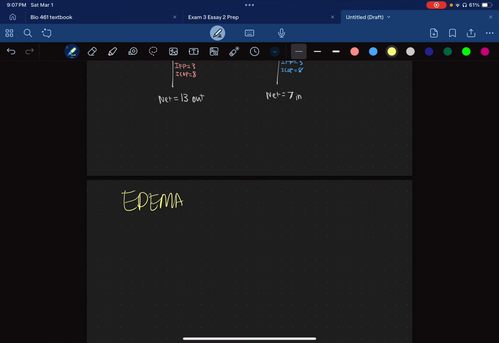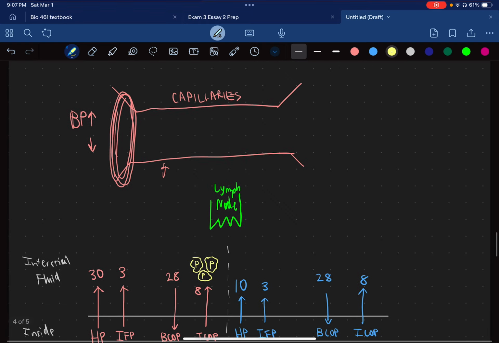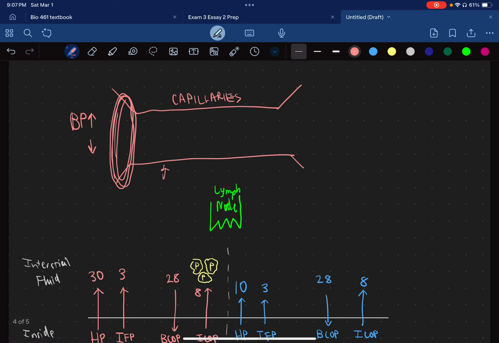So one example that we can talk about with edema is an increase in hydrostatic pressure. So usually, if we look here, our hydrostatic pressure is going to be 30, right? And that's thanks to this sphincter right here that's maintaining that.